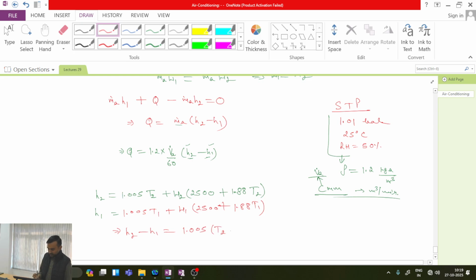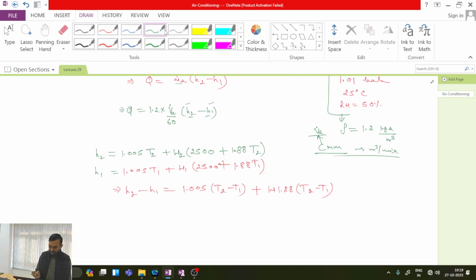1.005 into T2 minus T1 plus W times 1.88 into T2 minus T1. Let me replace this value in the equation of heat transfer.